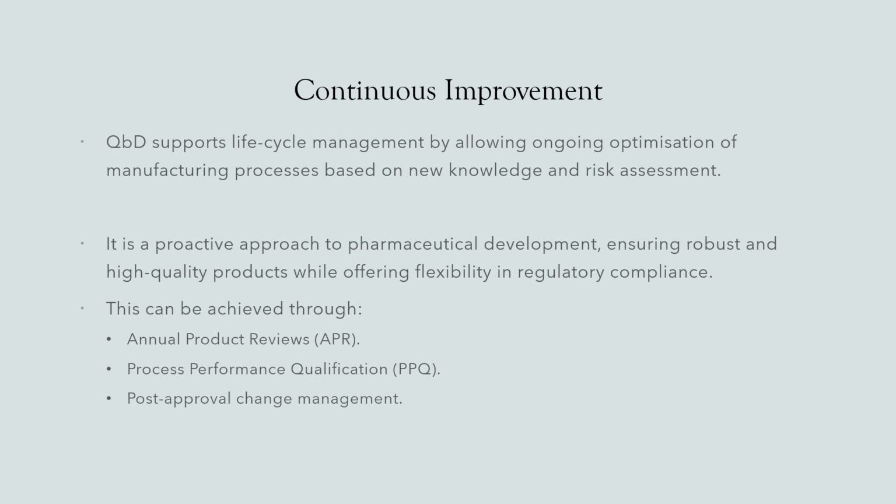Post-approval change management is where all of the changes, in this case maybe not within your design spaces, are planned in advance, and you obtain prior approval from the health authorities before you can implement those changes. So you have a number of changes, you put them in a protocol, you get that protocol approved, and then you can implement the changes in a way that's optimal for the manufacturer.